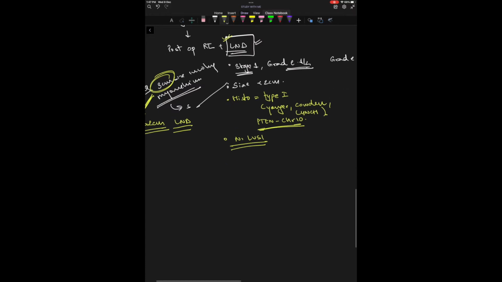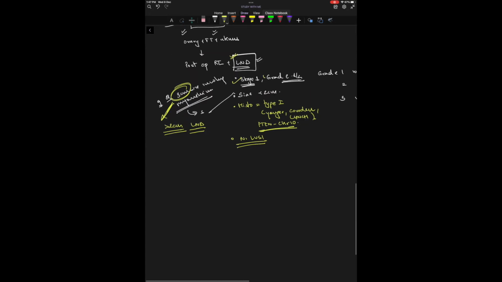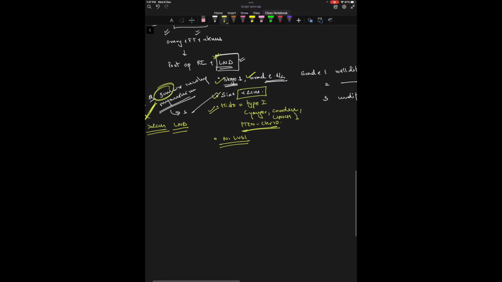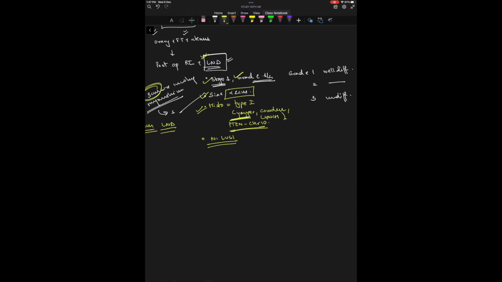Right. So lymph node dissection will not be required in stage 1, grade 1 or 2 tumors which are small, that is less than 2 centimeter, in type 1 type of endometrial cancer, which is seen in younger females, and there should be no evidence of lymphovascular invasion.